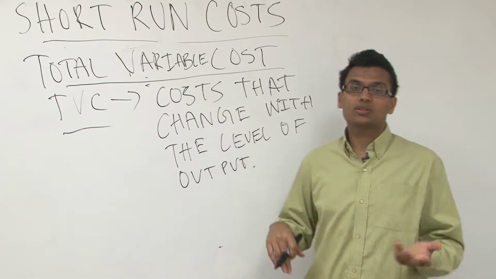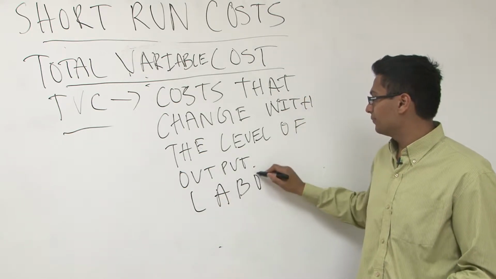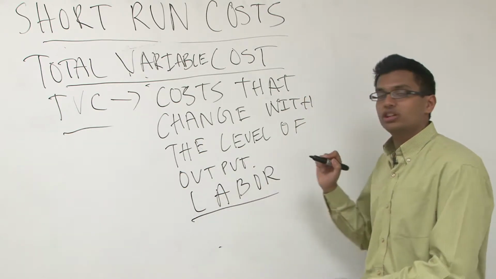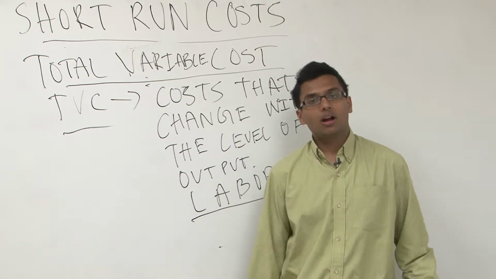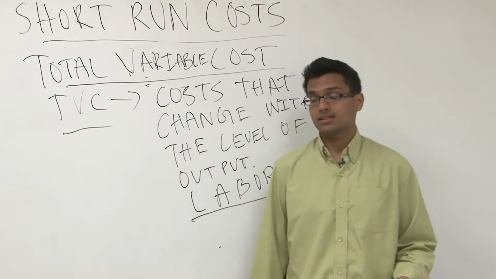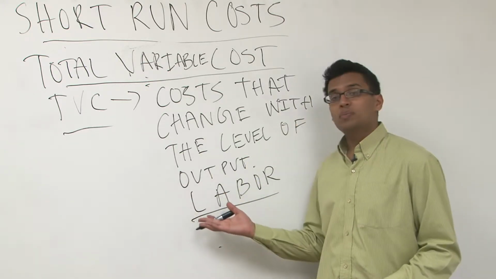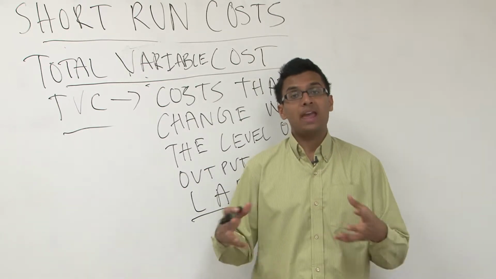What do we mean by this? Well, let's take an example. We say labor. In the factory where we make chocolate, I have one worker versus two workers. Labor would be a variable cost because for two workers and one worker, there's a difference in the pay that I have to pay.